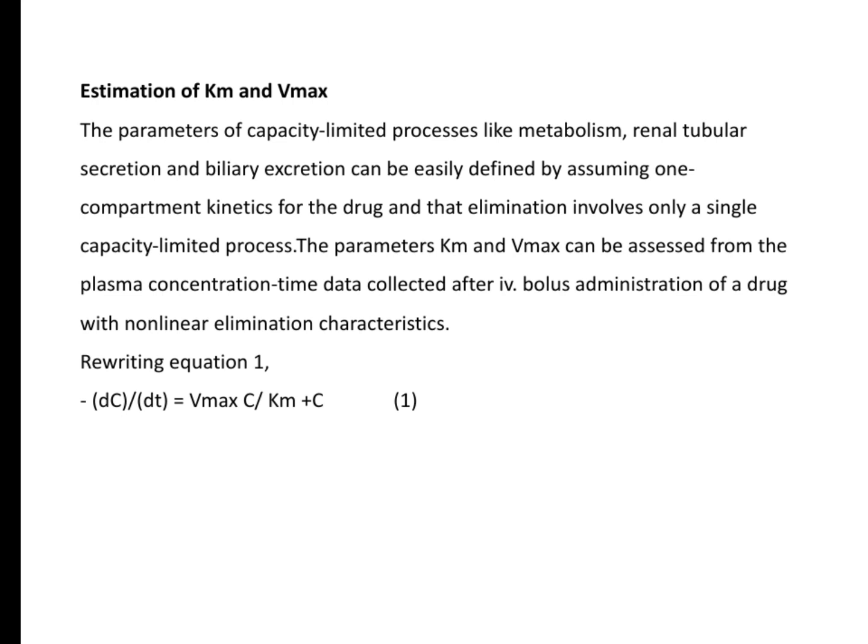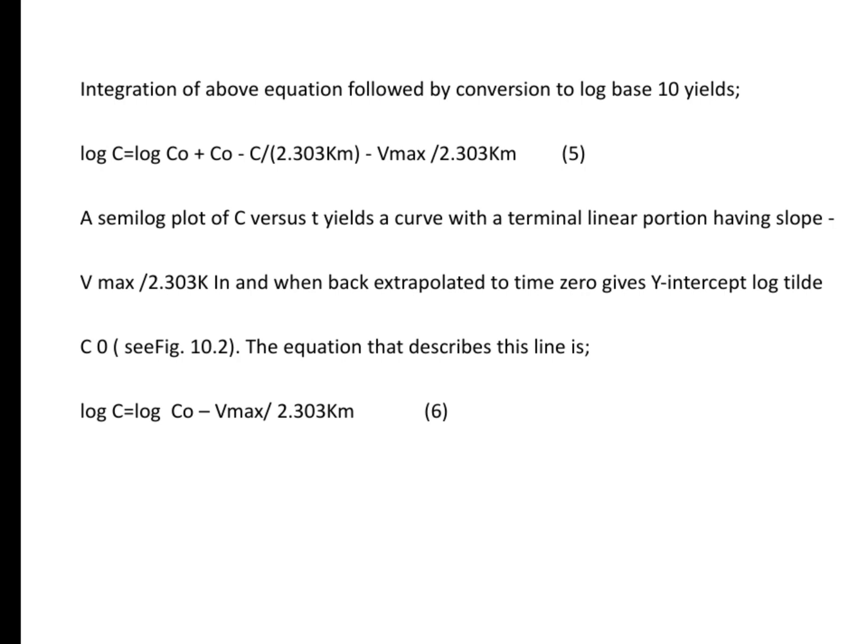The parameters Km and Vmax can be assessed from the plasma concentration-time data collected after IV bolus administration of a drug with nonlinear elimination characteristics. Rewriting, the equation is negative dC by dt is equal to Vmax C divided by Km plus C. Integration of the above equation followed by conversion to log base 10 gives the equations shown as follows.